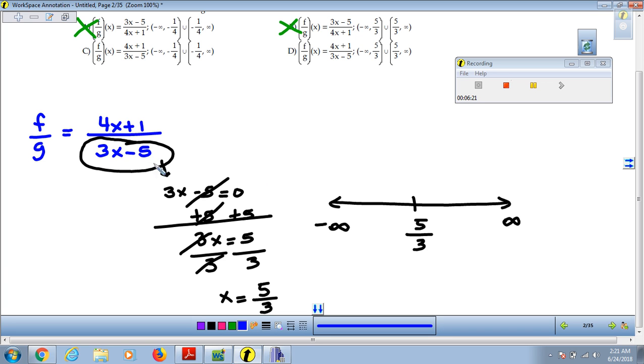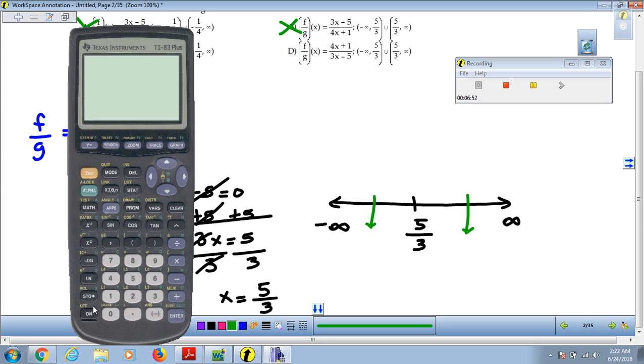You're just going to do the solving of the denominator for x. Once you get that number, you're going to learn to write the answer in the format as I'm going to show you right now. But I want to explain why to you. Why is the answer going to be that? So if I test a value to the left side of 5/3, and you may be saying, what's 5/3?